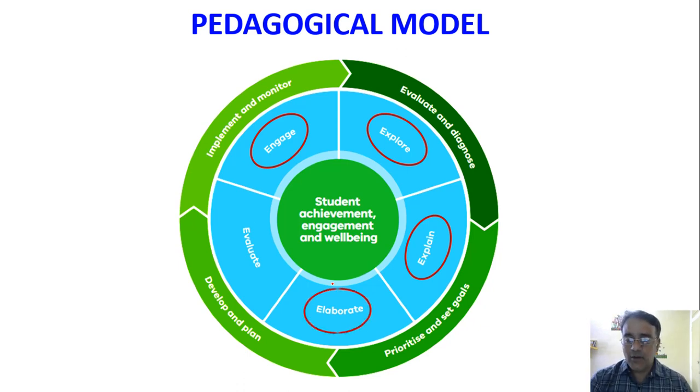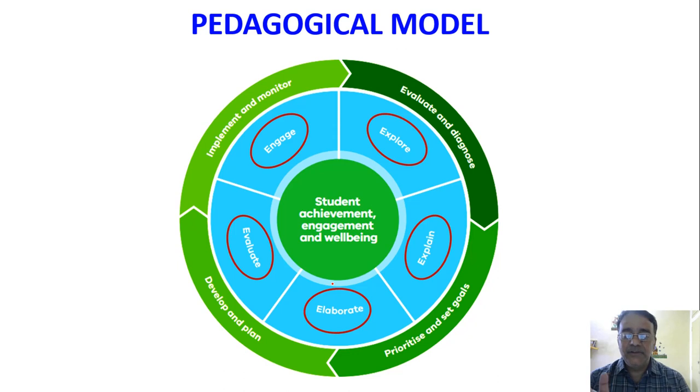The fourth one is elaborate. Teachers challenge students to move from surface to deep learning, building student ability to transfer and generalize their learning. They support students to be reflective, questioning, and self-monitoring learners. And the last one is evaluate.